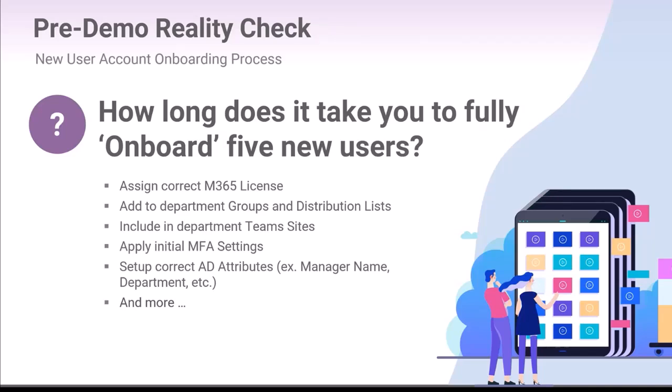So switching gears a little bit, thinking about time savings, I want you guys to put your thinking caps on here. And I'm actually going to open up a poll and let you vote on this specific question in a second. And then we'll jump into the demonstration with Eric. How long does it take you today to onboard 5 users, put them in the right groups, the right distribution lists, give them the right license, set the right AD attributes for their department name, their location, their manager, apply the initial MFA settings, everything that goes in there?